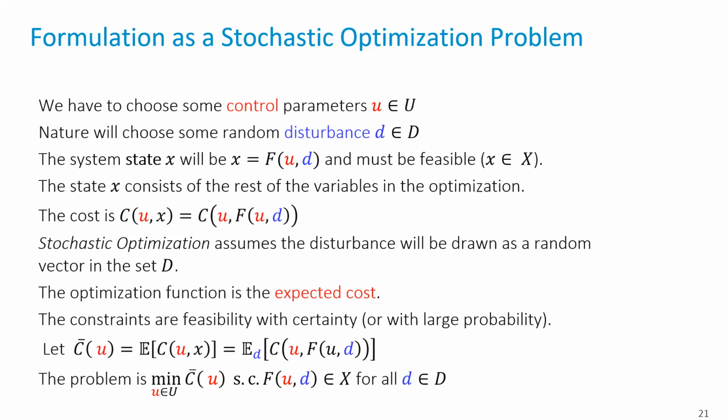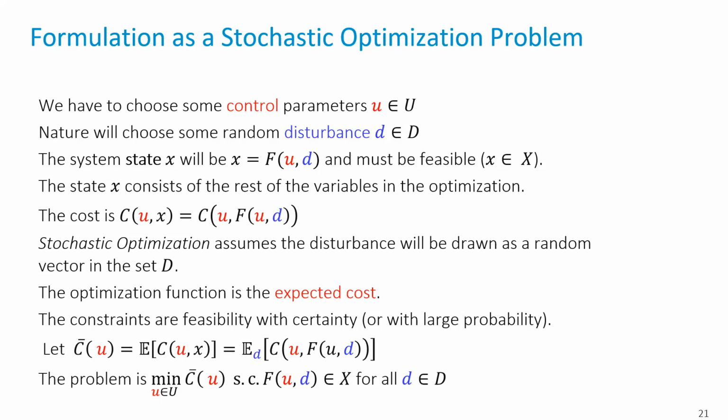Stochastic optimization will replace the unknown cost by its expected value. Therefore, at the end, we have a function of the control variable only, which we call C bar of U. And that is simplifying the problem because we don't have the disturbance here.